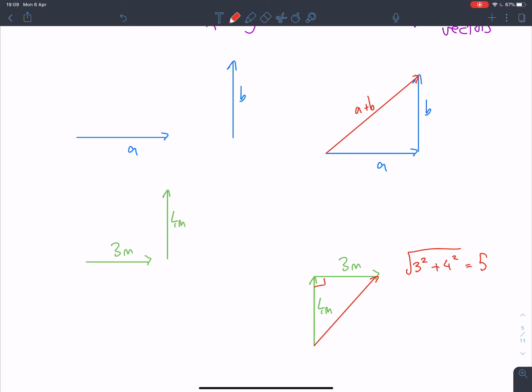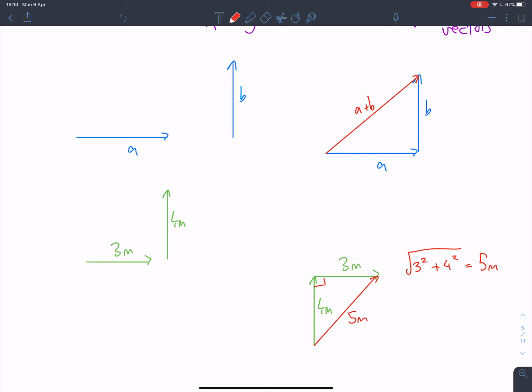If you know your Pythag, that should be 5, and we're talking about meters here. So the length of that arrow is 5 meters. Good, so what we found there is the resultant of those two vectors. If I go 3 meters to the right and 4 meters forwards, I'll be 5 meters from where I started. But we're not done there yet.